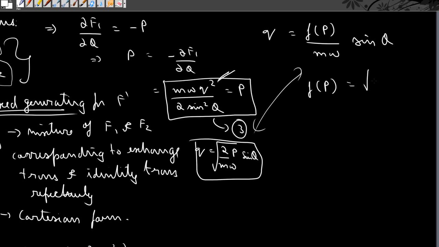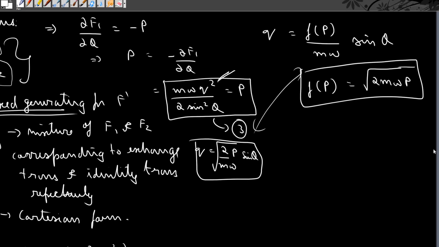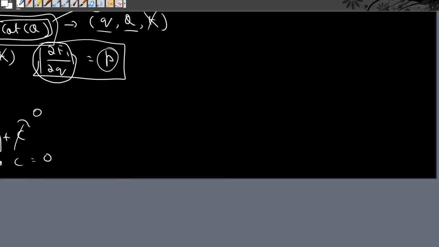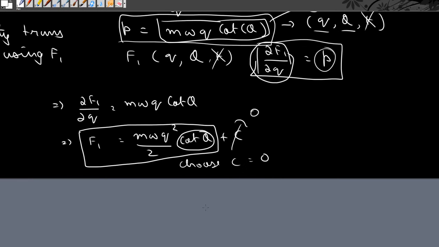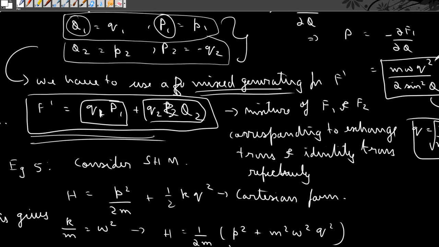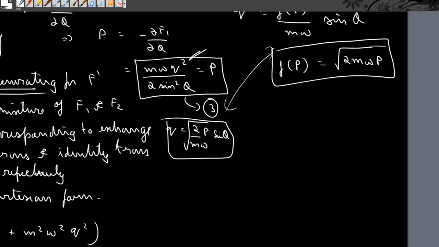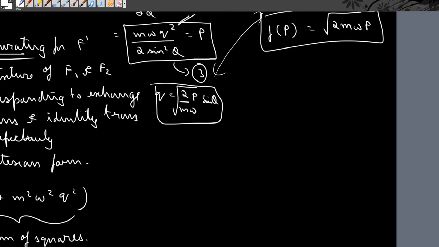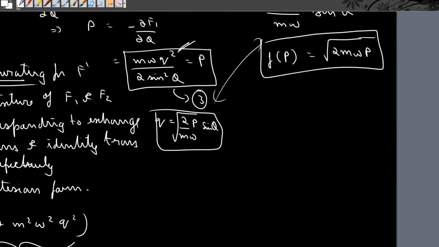It should be equal to root of 2m omega P. Okay, so therefore by using our generating function to have this particular form, we are able to find what is our f of P, from which we can now write our canonical transformation equations.